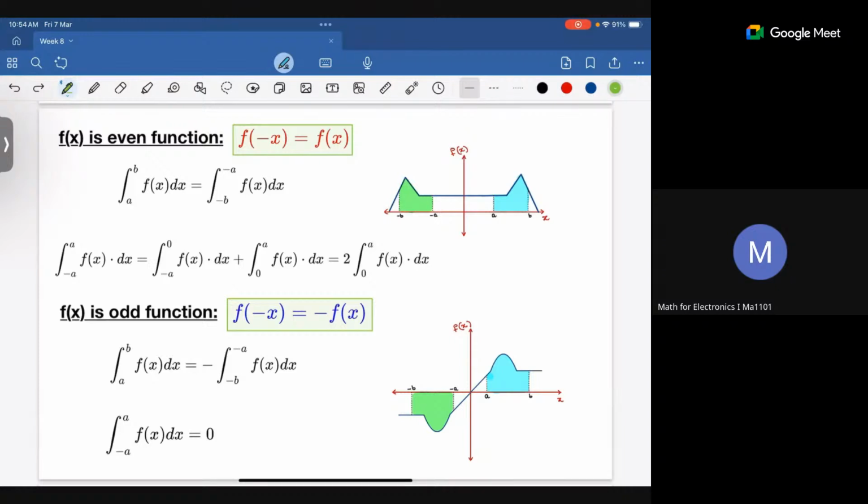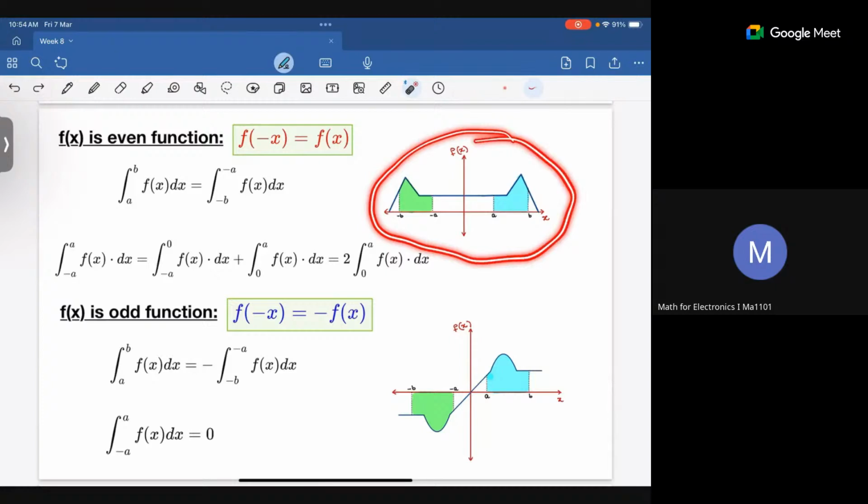This function is an even function because the shape on the right side of the y-axis will just be the reflection you see on the left of the y-axis. If this is a mirror, they will act as mirror images of each other. Such functions are called even functions.